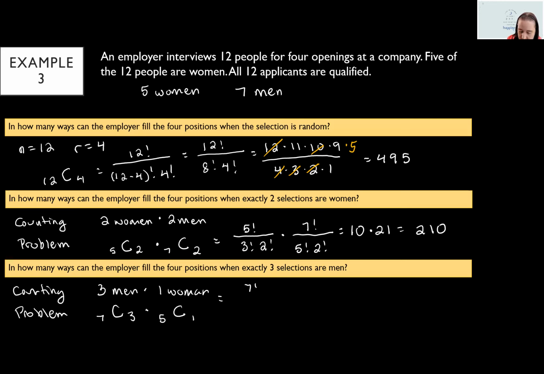So this is going to be 7 factorial over 4 factorial, 3 factorial. If you notice, the factorials in the denominator, those numbers add up to 7. And then multiplying by 5 factorial, and then the denominator is 4 factorial, 1 factorial.